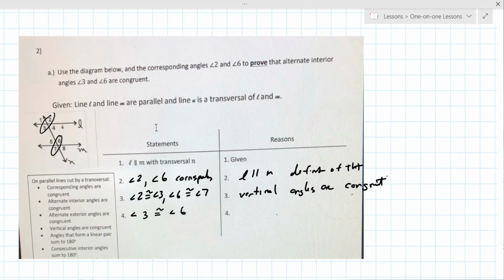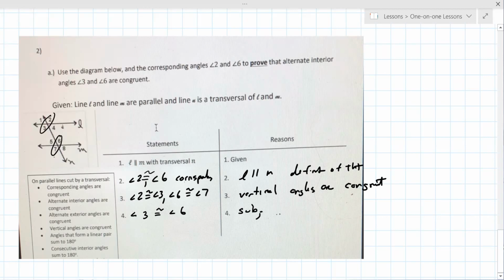So this is where it gets a little bit dicey. You know that 2 is congruent to 3 and you know that 6 is congruent to 7. Well, since 2 and 6 are corresponding, that means they're actually congruent. That means that 3 and 6 are congruent. The reason, a substitution here would be acceptable for me.